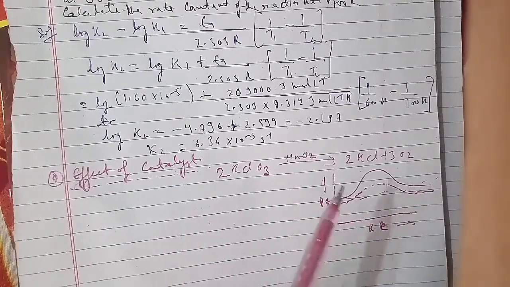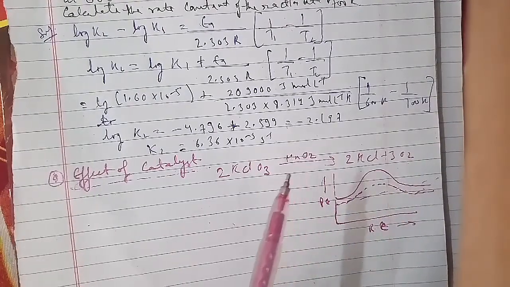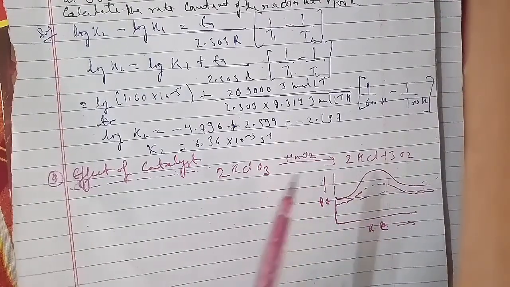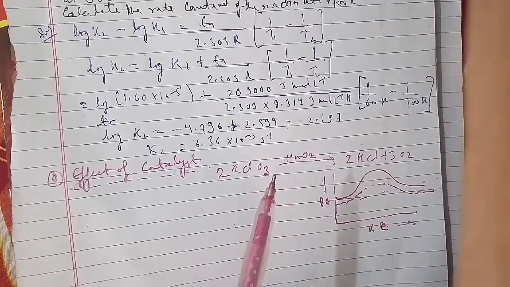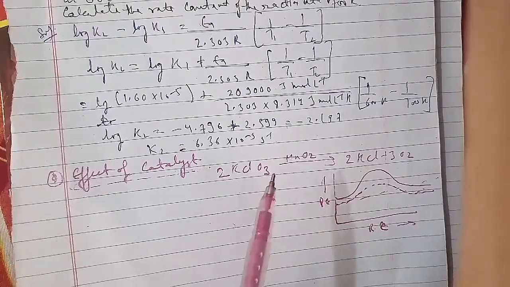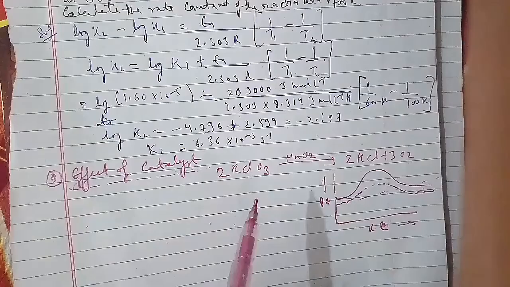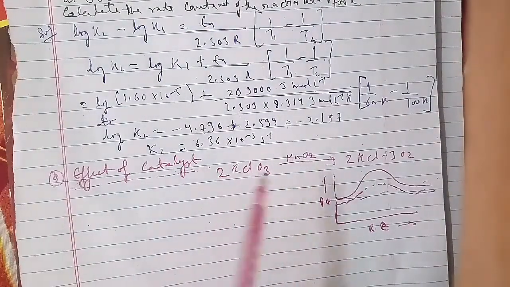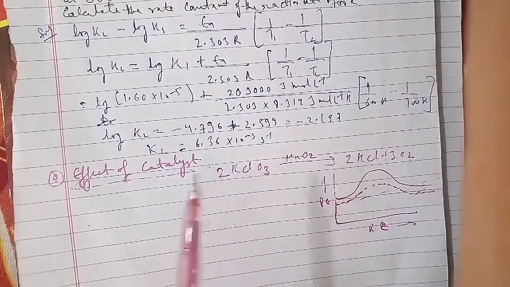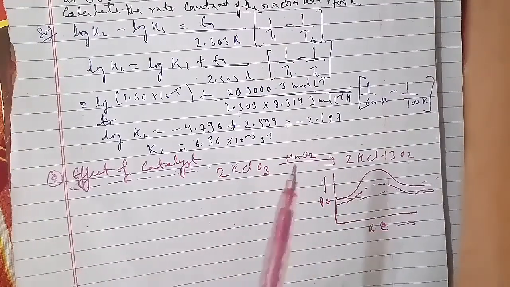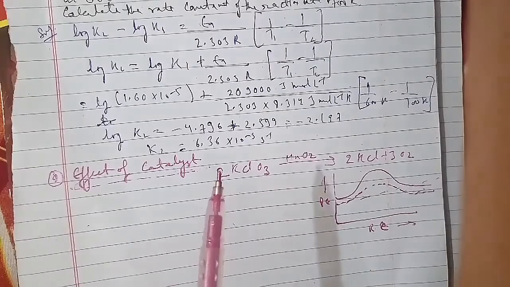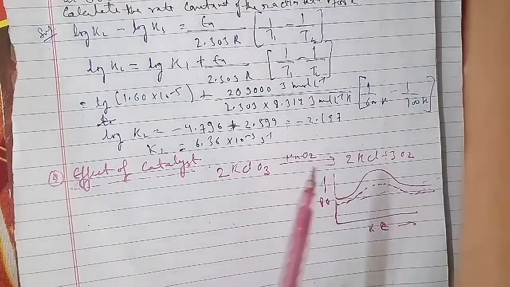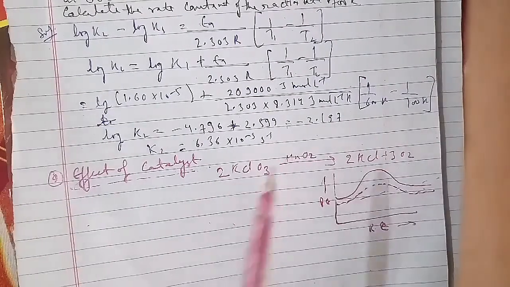It is also found that the catalyst does not change the equilibrium constant of the reaction; rather it helps in attaining the equilibrium faster, so that the equilibrium state remains the same but is reached earlier.